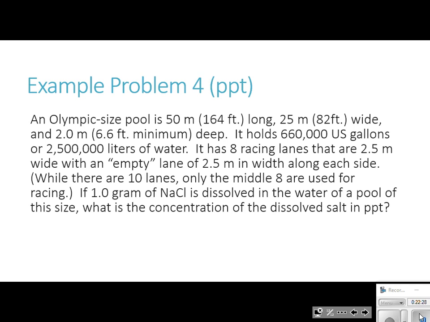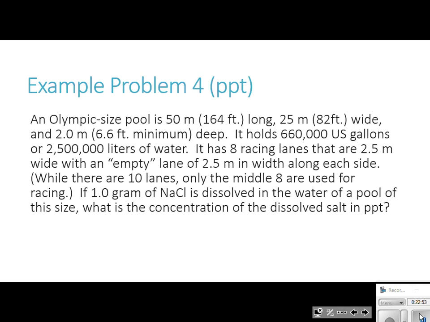Okay, now it's telling you, basically what we are doing here is we are putting 1 gram of salt into a pool of that size of water. Now that's a pretty lot of water and a very little amount of salt, isn't it?